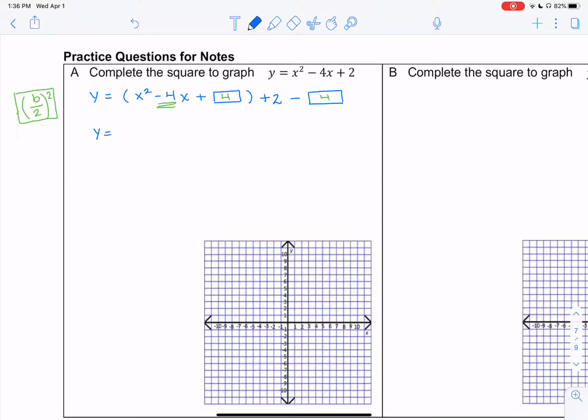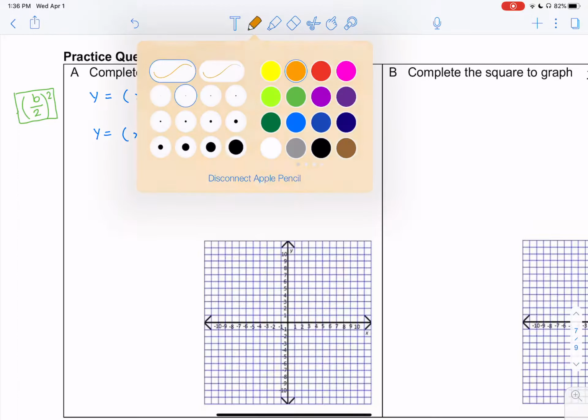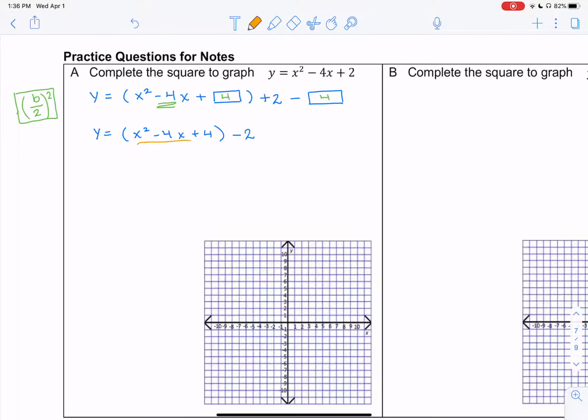So now I have x squared minus 4x plus 4, and then I take plus 2 and minus 4, combine them into a minus 2. All right, then I need to rewrite that trinomial in the middle here. So I take the square root of the first and the last terms to do that.